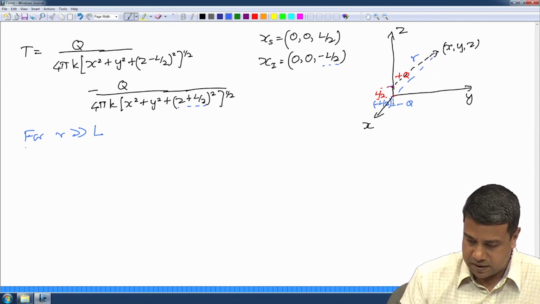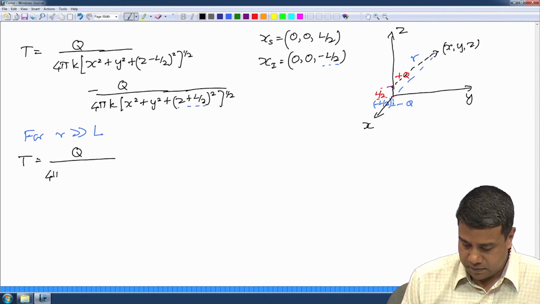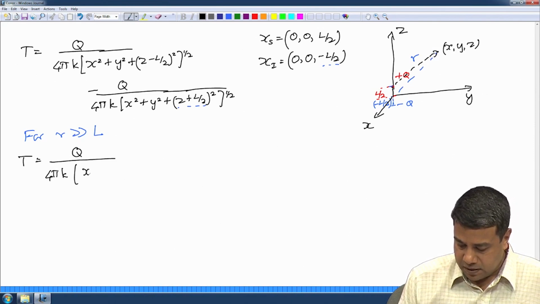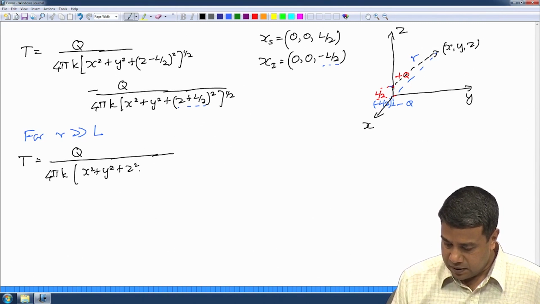I can write this as x square plus y square plus z square, minus z L, plus L square by 4, whole to the half.